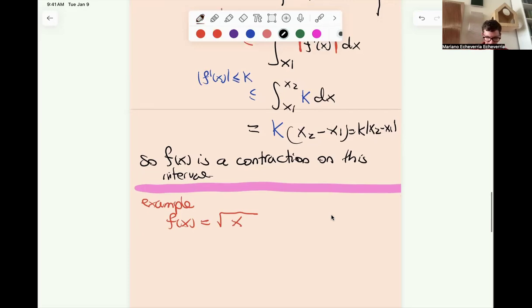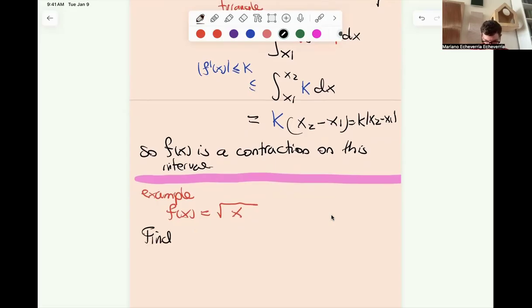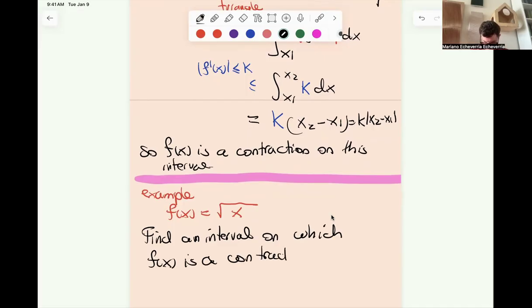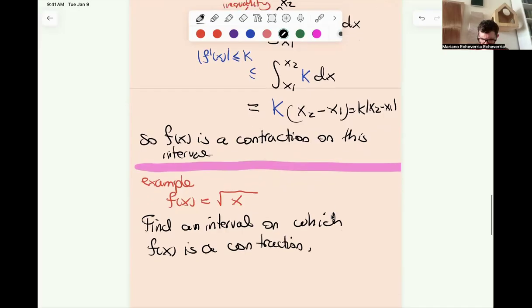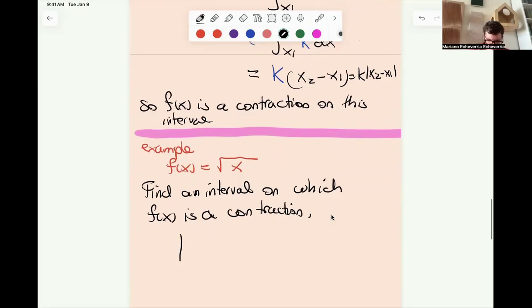So this could be a question: find an interval on which f of x is a contraction. And maybe let me draw the graph of the absolute value of x so that you remember it also.